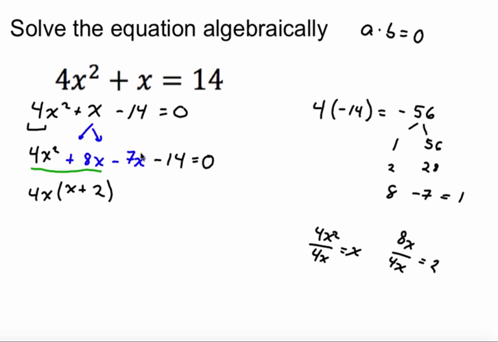And then in my second pair right here, I'm going to factor out a negative 7. Again, I'm pulling out a negative number because my leading term in this pair is negative. So negative 7x divided by negative 7 is a positive x.